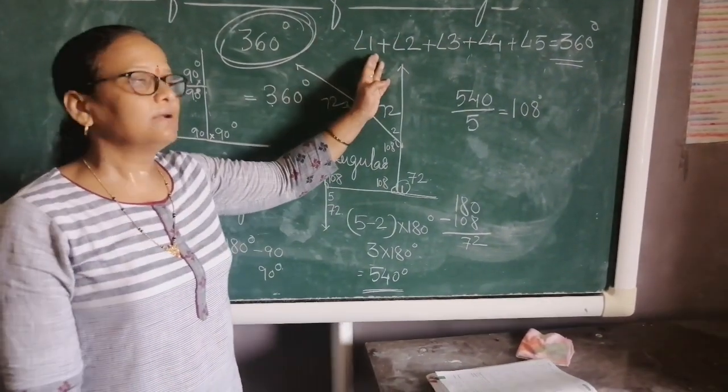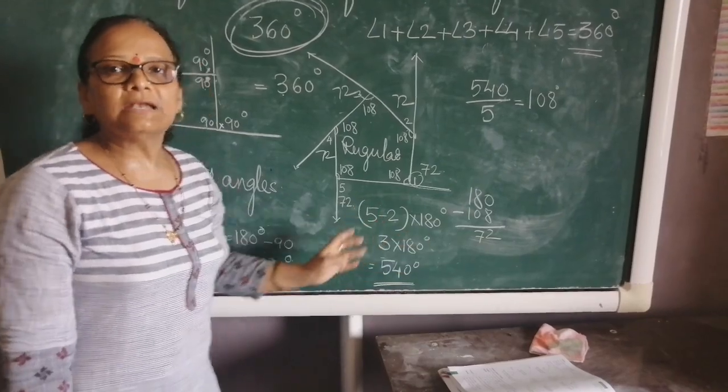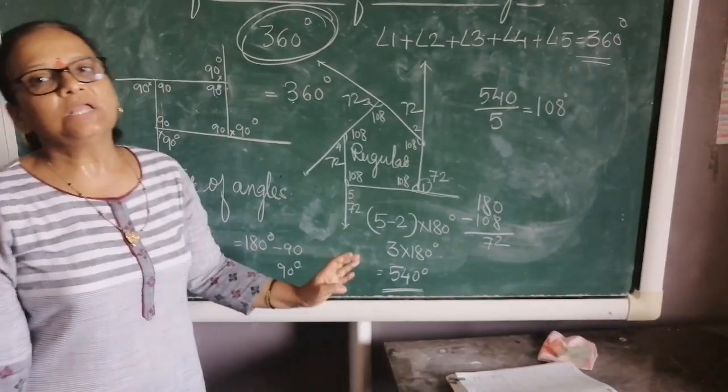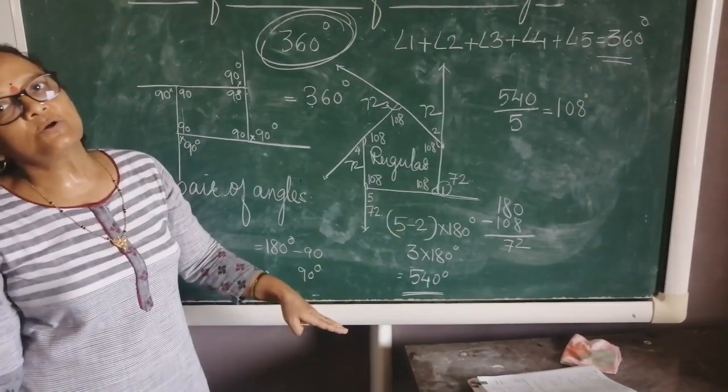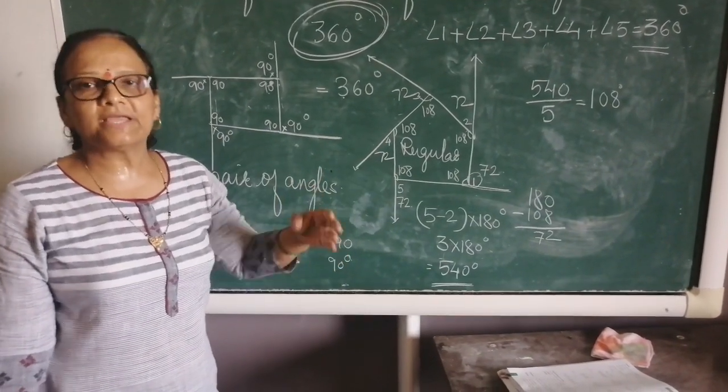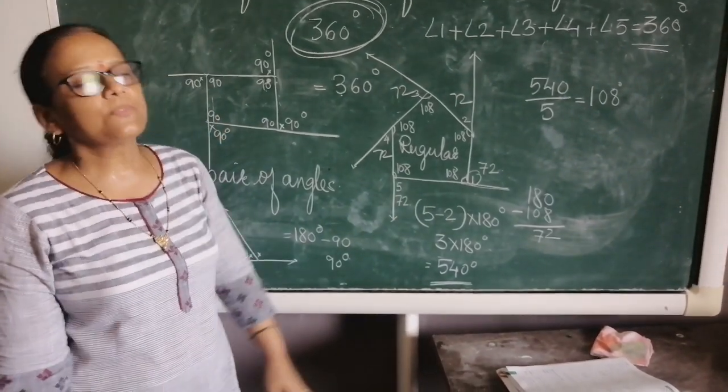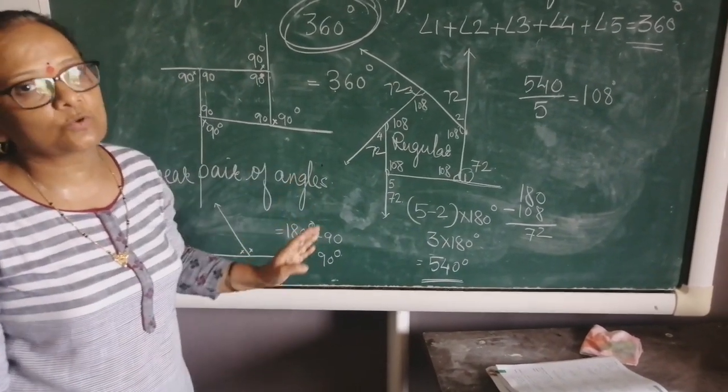Means by using this formula and by using the interior angle formula, even if they have not given you the measure of the angles, you will be able to find out the measure of the exterior angle and the measure of the interior angle also.